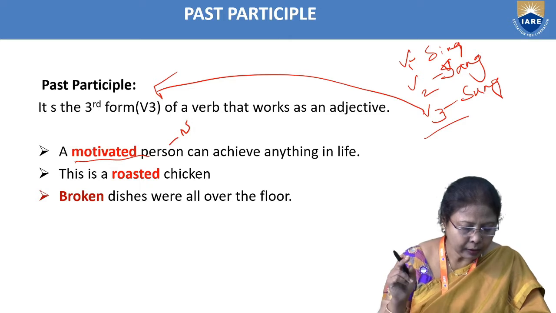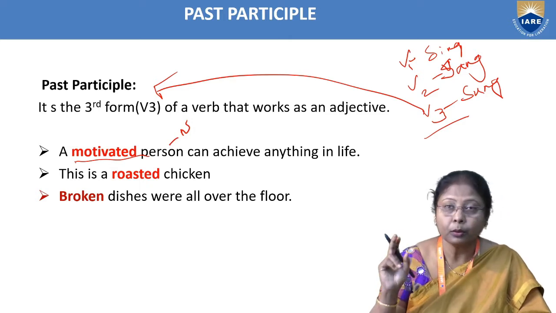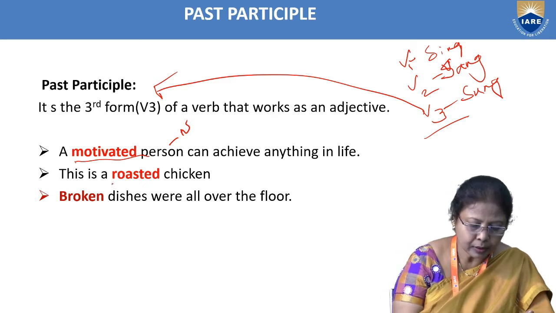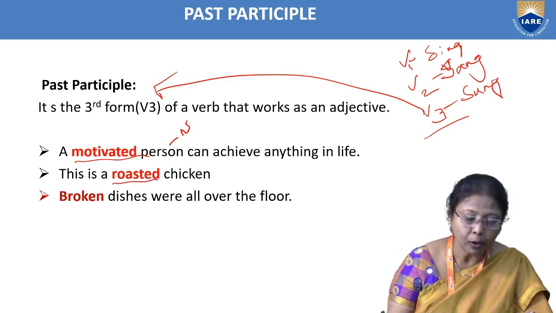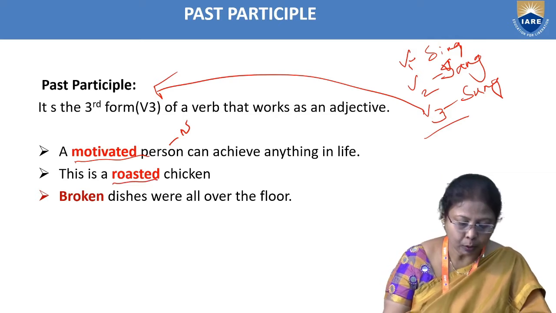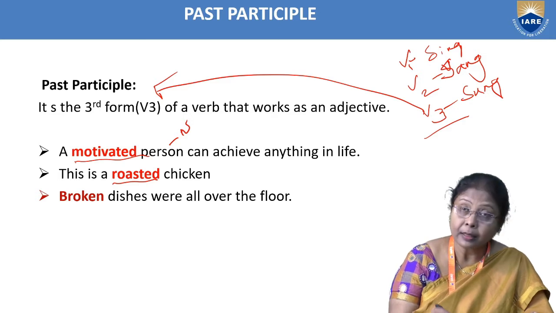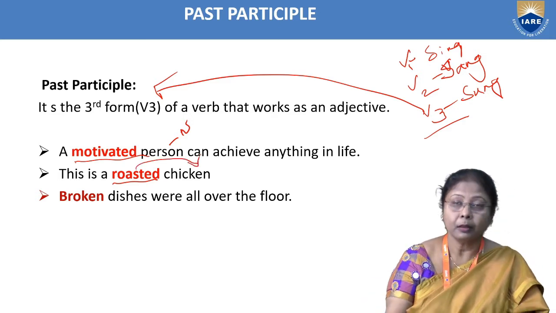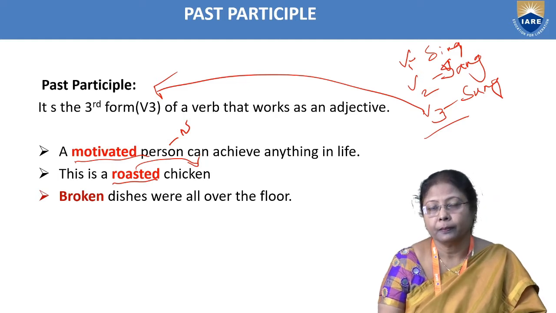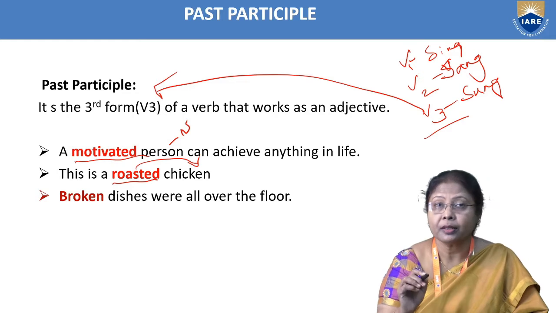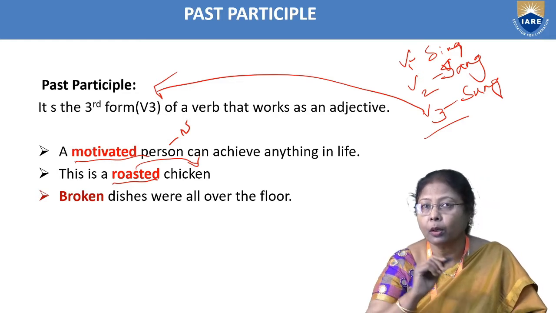Okay, and the next sentence is, this is a roasted chicken. What sort of chicken is it? Roasted chicken. Roasted is in the form of V3, a past participle. So it acts as an adjective and modifies the noun chicken. And the next sentence is, broken dishes were all over the floor.